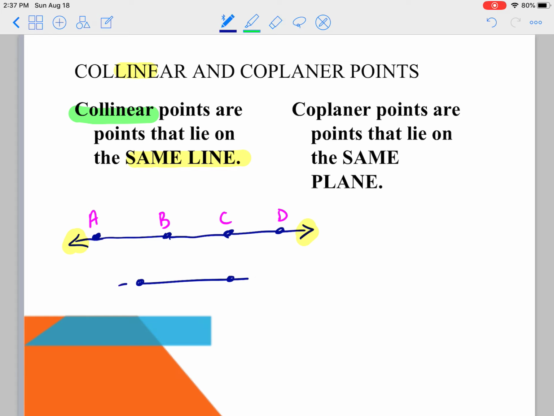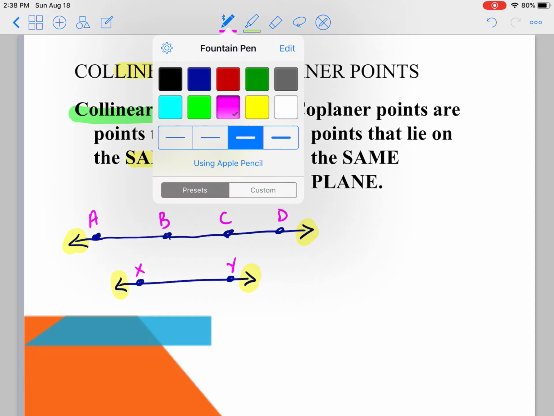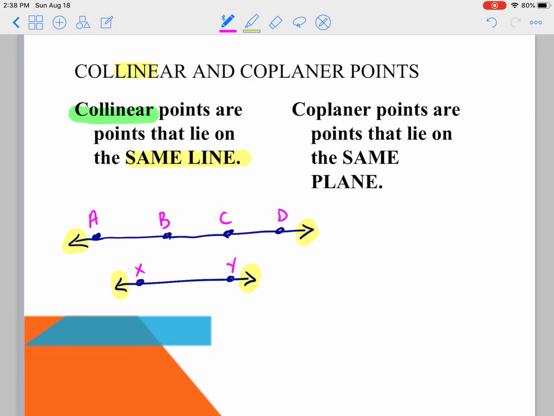If I have a second line, and this line is line XY, I can say that X and Y are not on the same line as points A, B, C, and D, and that will be called non-collinear.